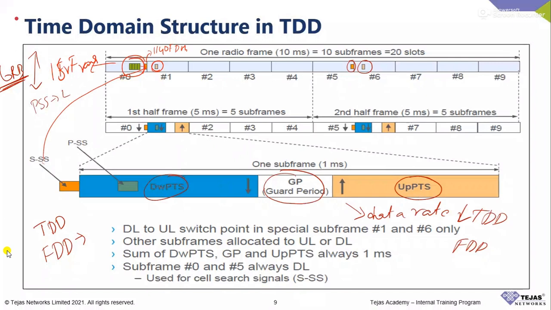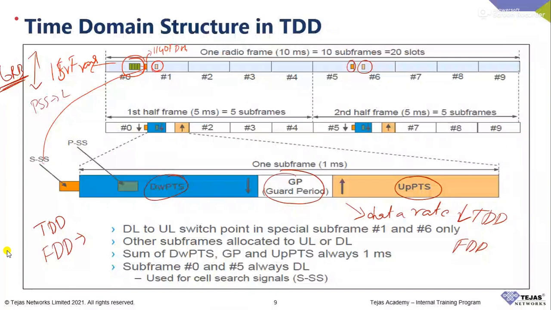When compared to FDD, all 10 subframes were used for uplink or all 10 subframes were used for downlink. But here there is one special subframe which is being used because while switching from downlink to uplink, we need to have this special subframe because there is some delay which needs to be taken care of whenever the mobiles are switching from downlink to uplink.